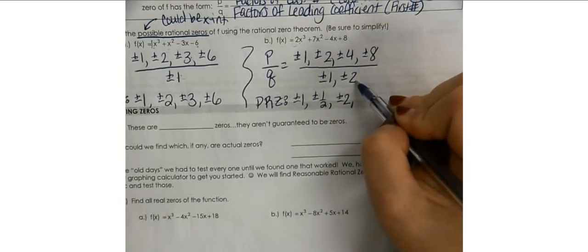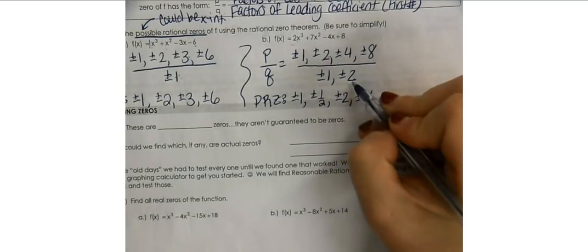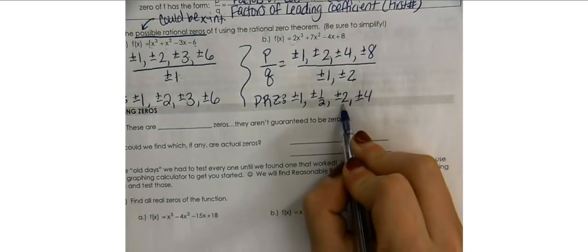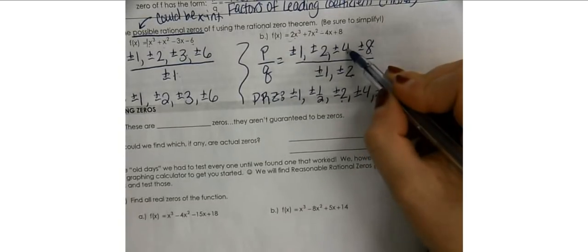And 2 over 2 is plus or minus 1. I already wrote that down, so I'm not going to write it down again. 4 over 1 is plus or minus 4. 4 over 2 is plus or minus 2. I've already written that down, so I'm not going to write it down again. 8 over 1 is plus or minus 8, and 8 over 2 is plus or minus 4, which I've already written down, and so I am finished.